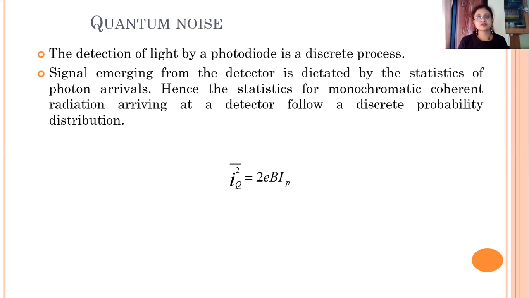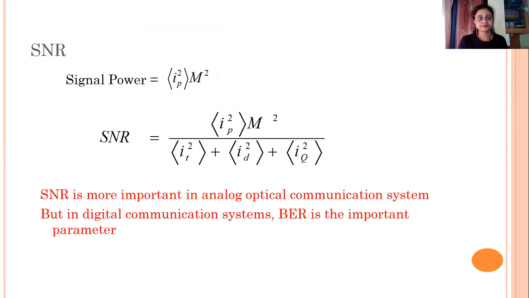Hence, the statistics of monochromatic coherent radiation arriving at the detector follow a discrete probability distribution, and one can define the effect of quantum noise in the form of the current produced by a quantum process, and it is equal to again 2 into e into beta into IP, where IP is the photocurrent generated across the photodetector based on this discrete process.